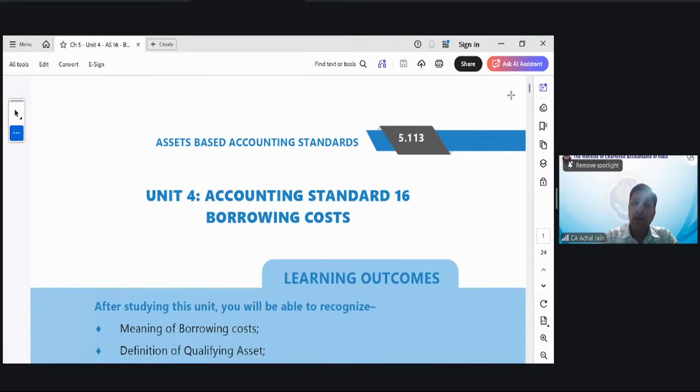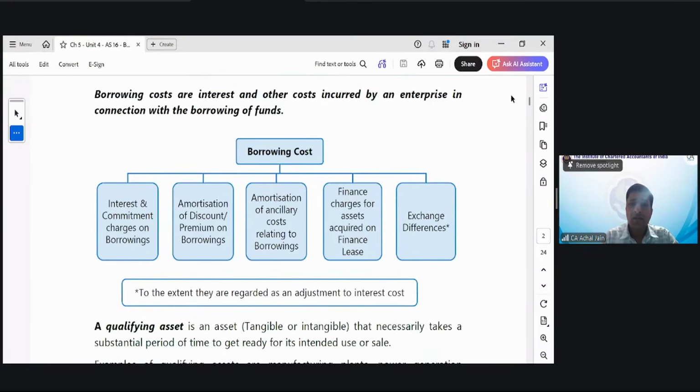So if you go back to the borrowing cost, there was a situation that we discussed. We didn't get into the details of that exchange difference. And we discussed that in certain situations, this exchange difference can also be considered as an interest.